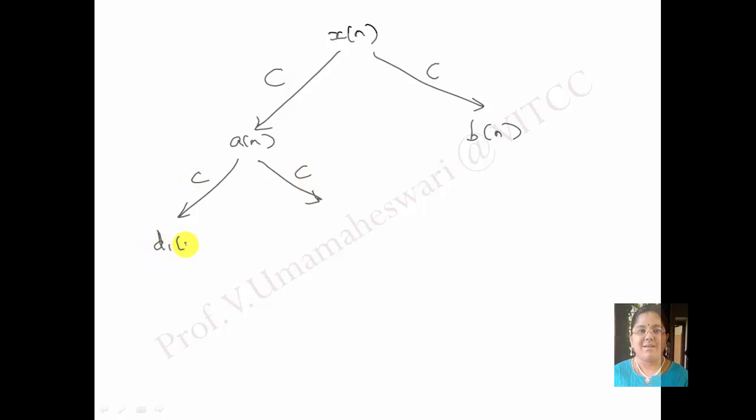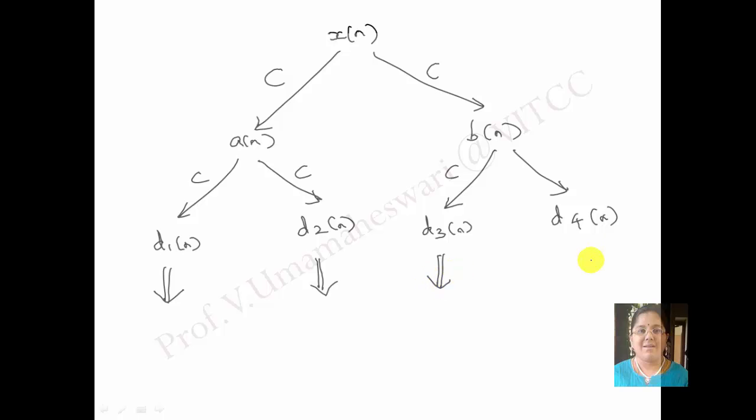Computing D1 of n and D2 of n from A of n, and D3 of n and D4 of n from B of n. Remember guys, we are talking about computations. Okay, so the final stage, third stage, will be simply 2-point DFT computations, because D1, D2, D3, D4 contain 2 points each. So you have 3 stages in this example because N equals 8. So the final stage will be computation of 2-point DFT.